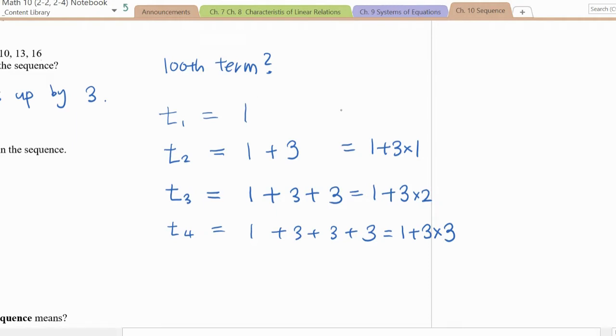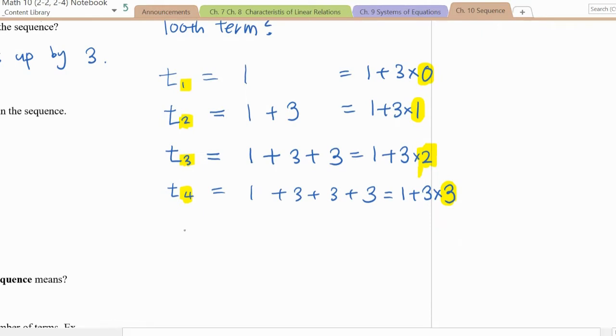Here, I'm just going to rewrite it. So this is 1 plus 3 times 0, because you're not adding any 3 here, right? So if it's the first term, you add 3 zero times. Second term, you add 3 once. Third term, you add 3 twice. And fourth term, you add 3 three times.